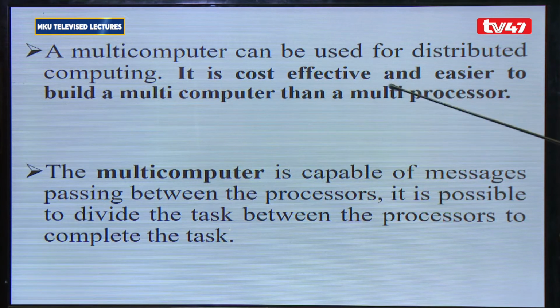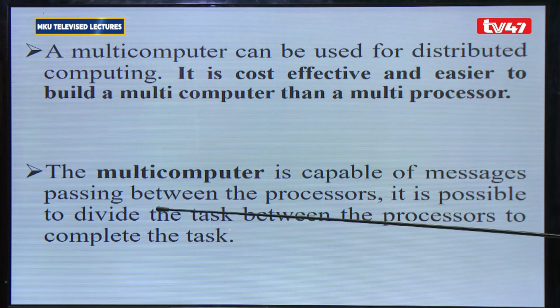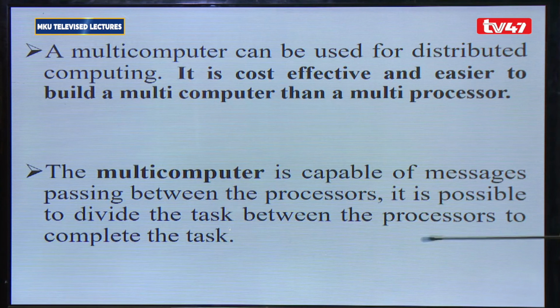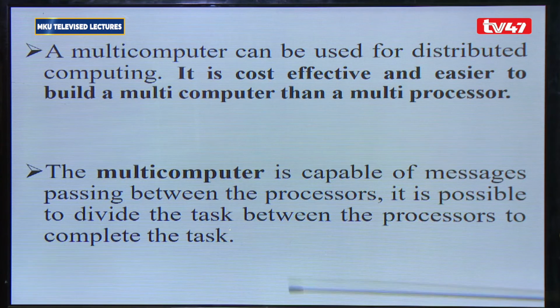So it is cost effective and easier to build. The multicomputer is capable of passing messages between the processors, and it is possible to divide the task between the processors to complete the task. So you can see this is the best solution for our distributed system scenario.